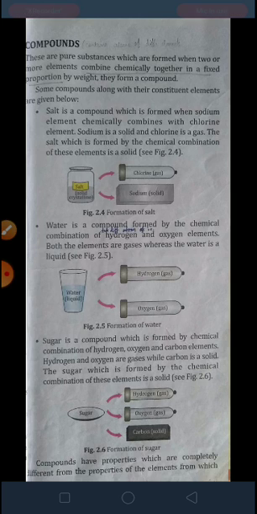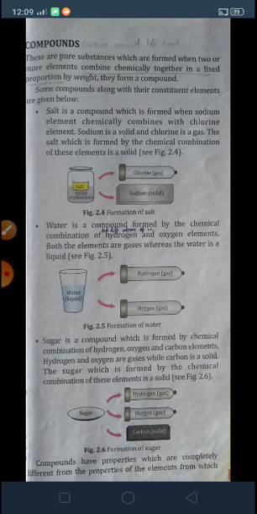Sodium is found in the solid form and chlorine is a gas. But the salt which is formed by the chemical combination of sodium and chlorine is a solid. Next, water.